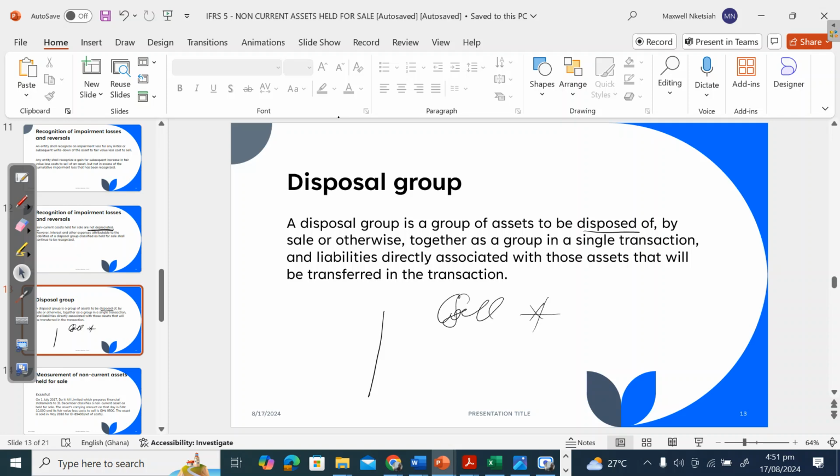So a group of assets that is to be disposed of, either by sale or otherwise, together as a group in a single transaction, is called a disposal group. It's like a group of assets that we have bundled together to sell or to dispose of. All right.